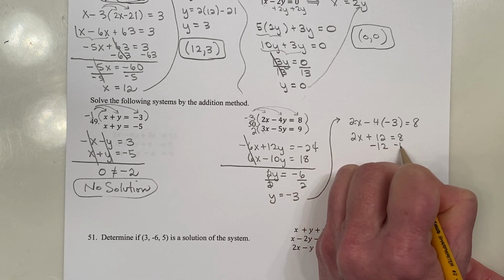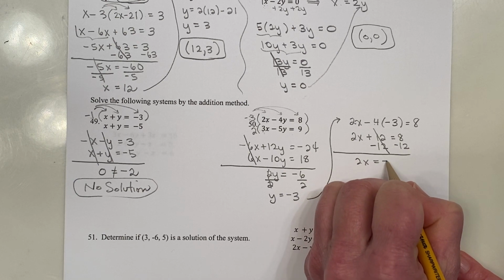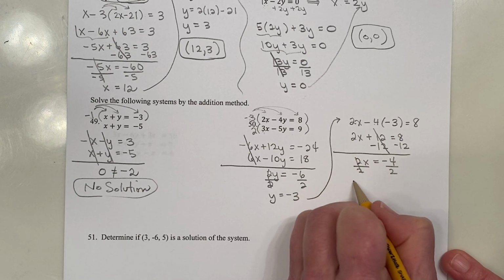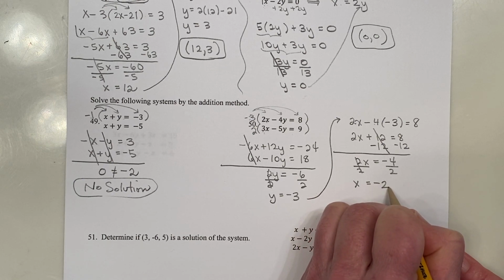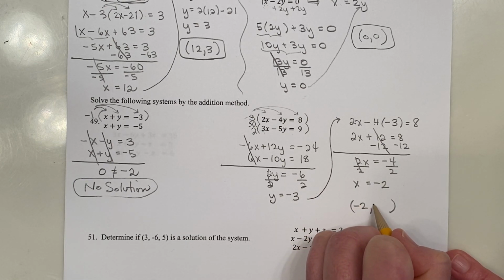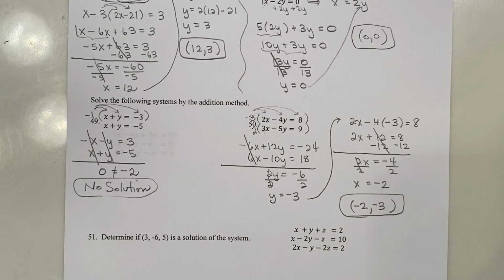And then continue solving. X comes before y, so we write the ordered pair, -2, -3.